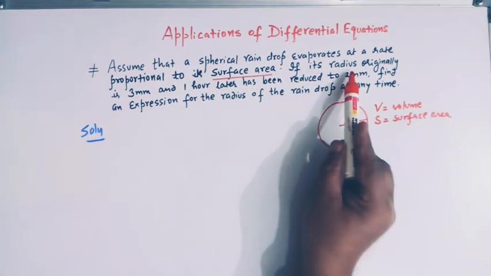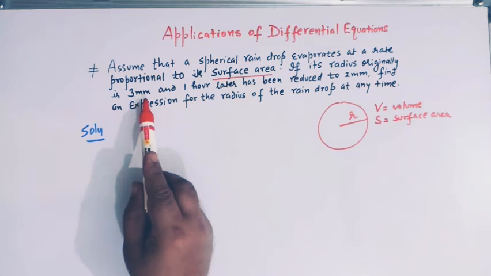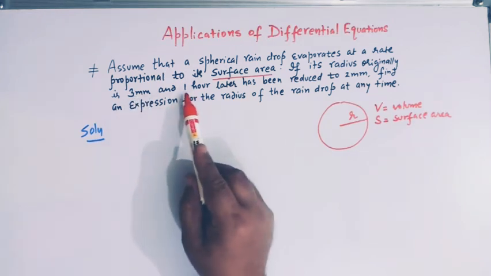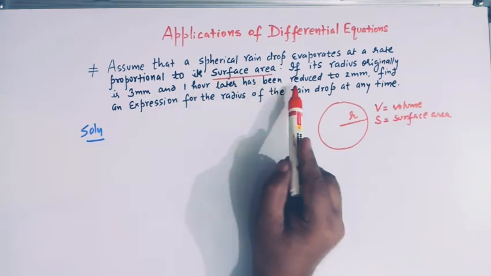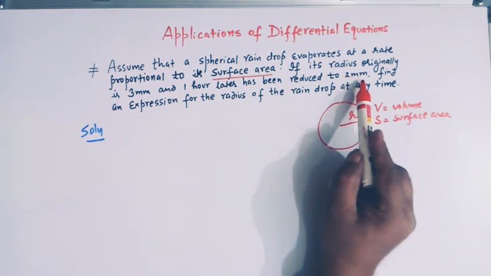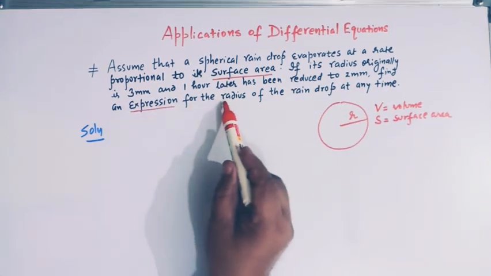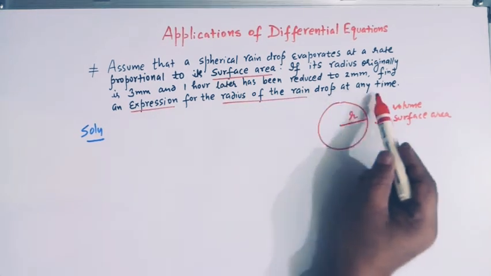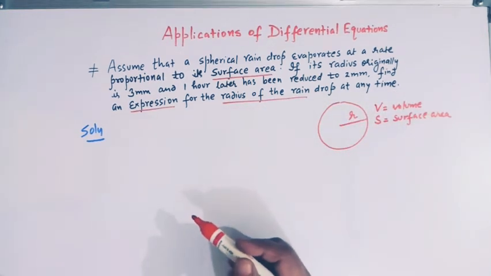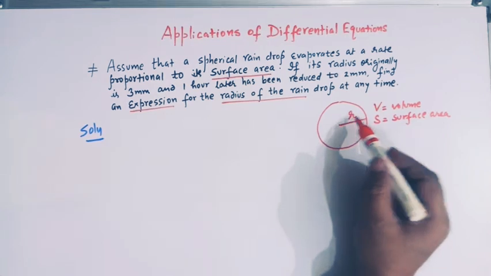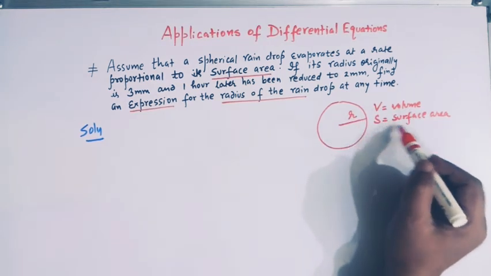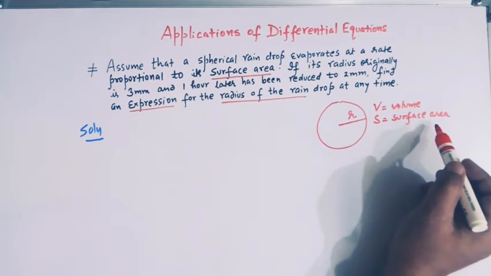If its radius originally is 3 millimeters and 1 hour later has been reduced to 2 millimeters, find an expression for the radius of the raindrop at any time.